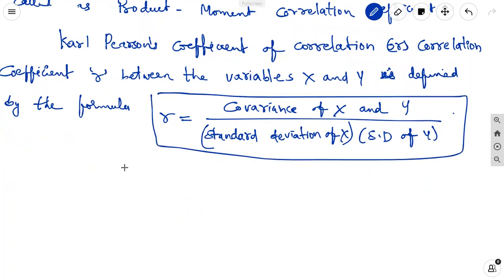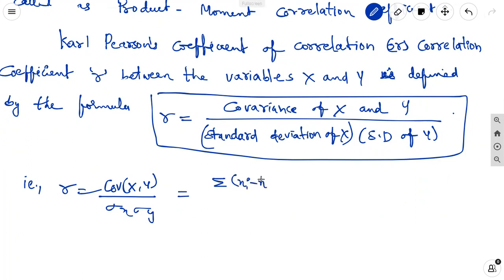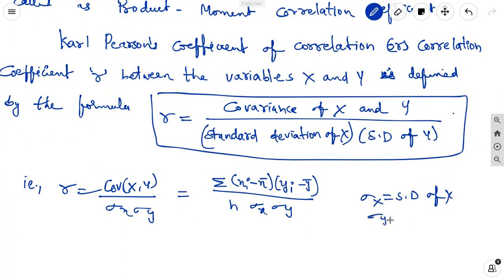It can be taken as small r equal to covariance of x comma y by sigma x into sigma y, or equal to summation xi minus x bar into yi minus y bar by n into sigma x sigma y. Here sigma x is the standard deviation of x, sigma y is the standard deviation of y.